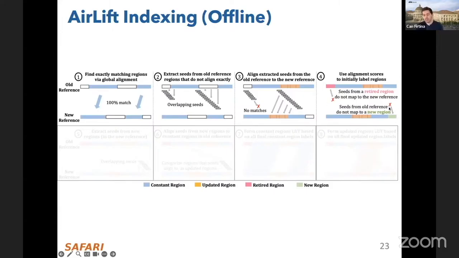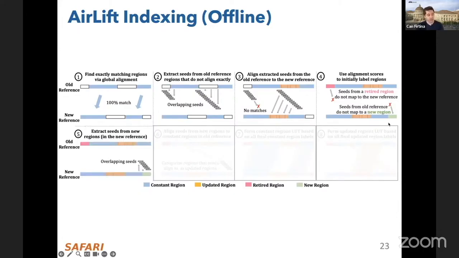Similarly, if there are no seeds from the old genome being aligned in a region of the new reference genome, then we can assume that that particular region should be novel, because no seed could be aligned to it. So we label this region as a new region.